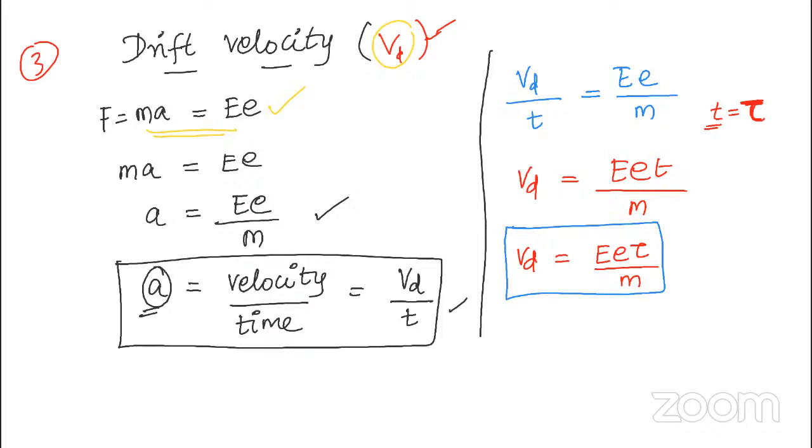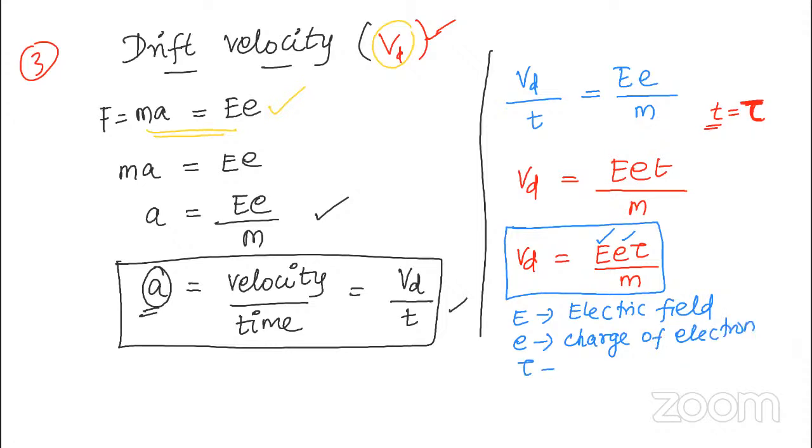Here capital E is the electric field, small e represents the charge of the electron, and tau is the relaxation time.